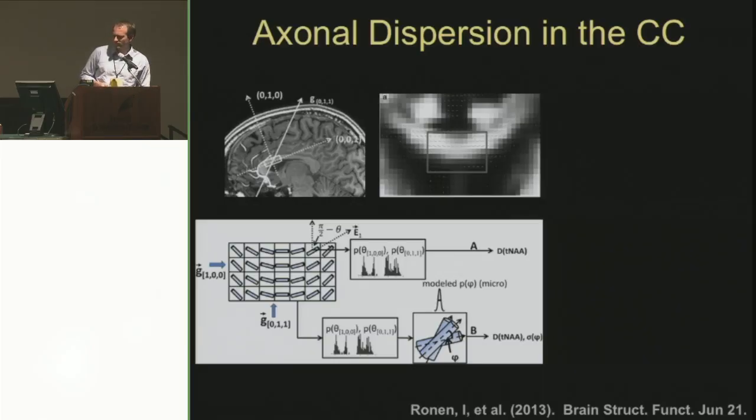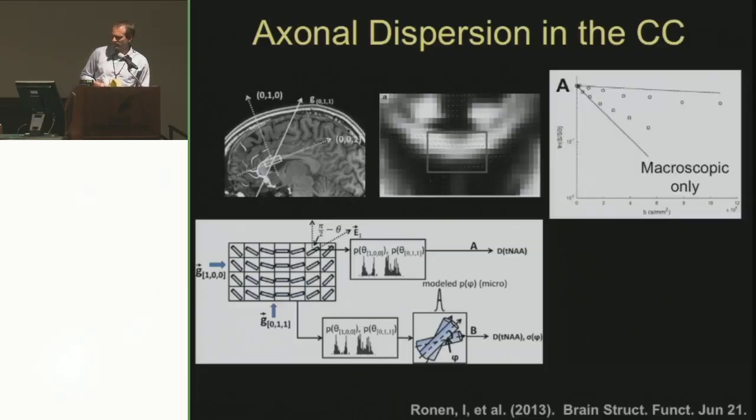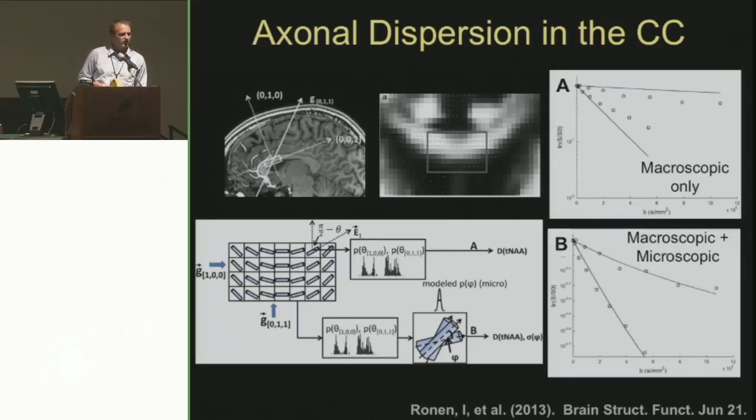When he fit his NAA measurements to the macroscopic curvature in A, the data didn't fit the model very well. However, when he also included a microscopic dispersion component, it fit the data much better.